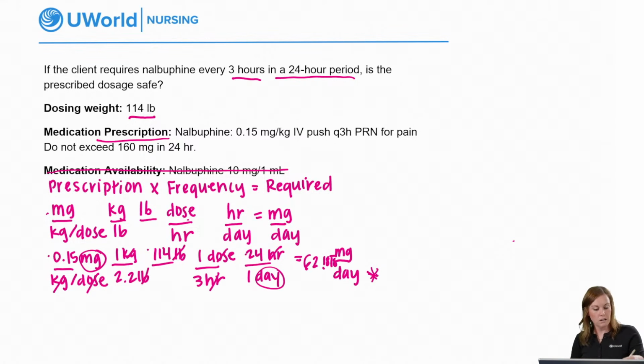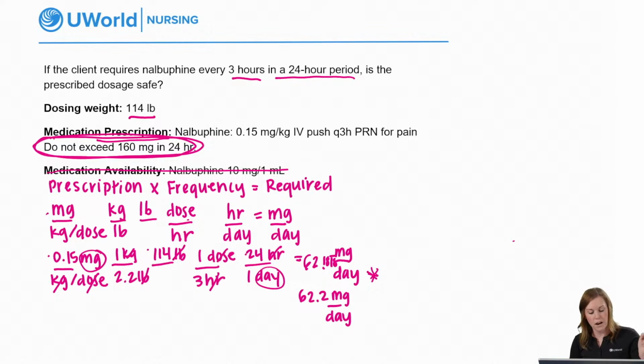But again, we'll round this. It's not asking us for anything specific, but we're going to say 62.2 milligrams per day. And right here it says do not exceed 160 milligrams in 24 hours. So we know 62.2 is less than 160 milligrams per day. So this is safe. Yes, safe.